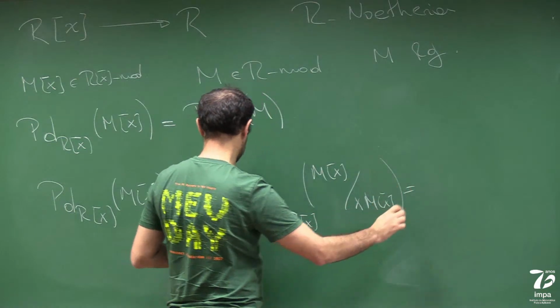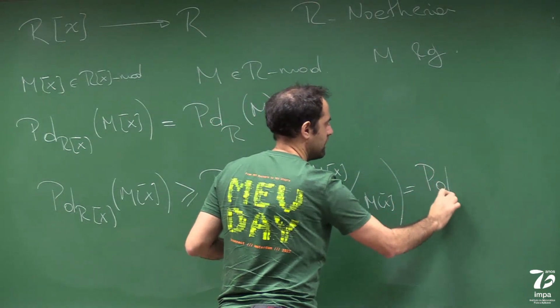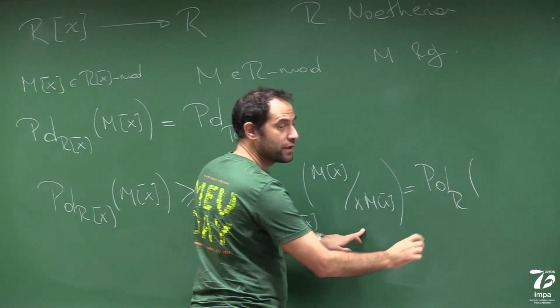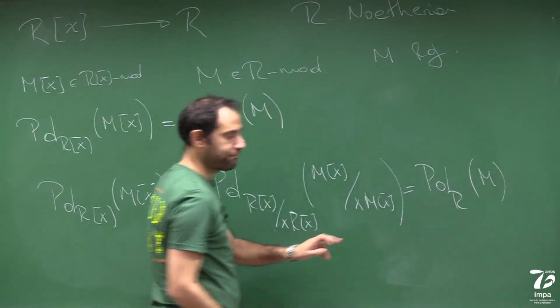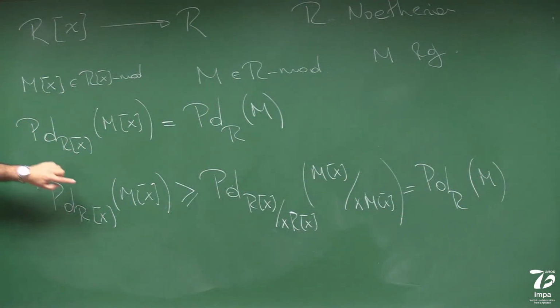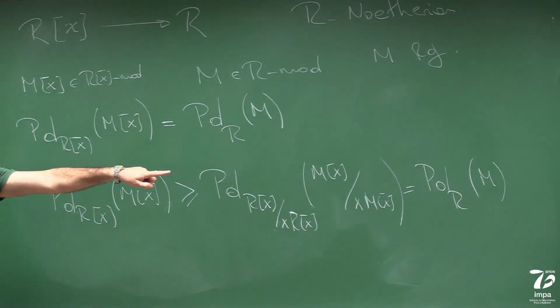And this ring here is just R, and this module here is just M. So I get that the projective dimension of this guy is bigger or equal than the projective dimension of this guy.